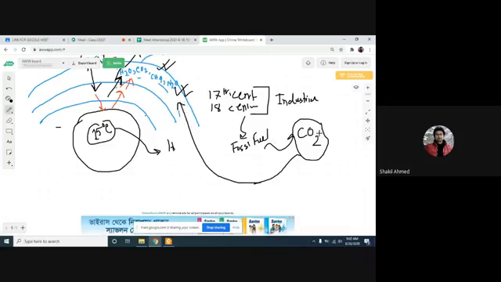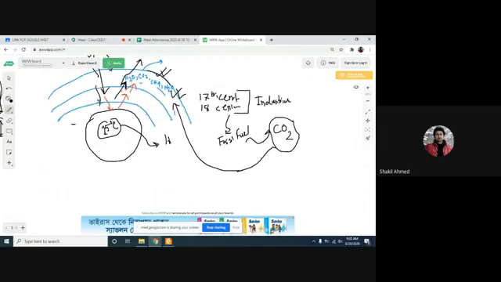Man-made. Okay, this is anthropogenic. So you are adding much more carbon dioxide here. Therefore, this blanket is thicker and denser. Therefore, more and more heat is entrapped.